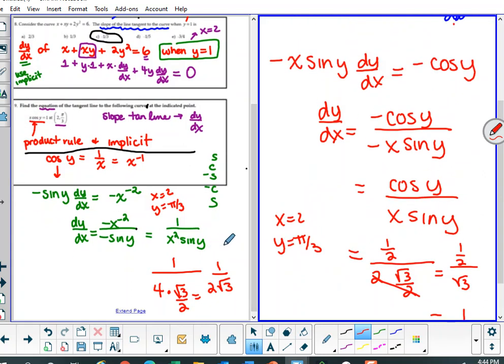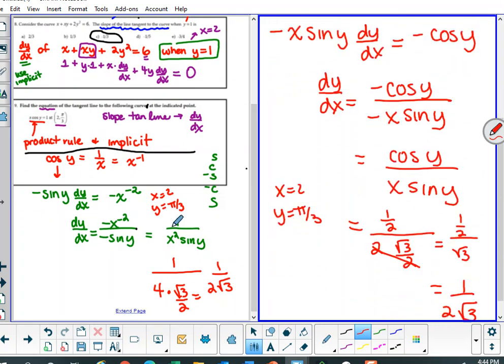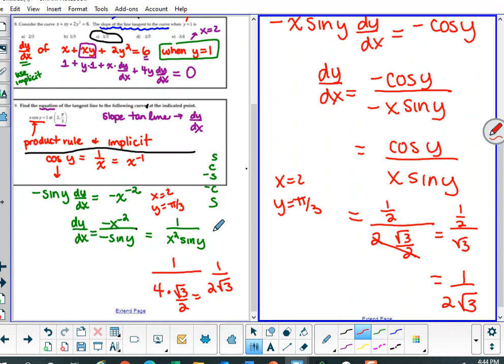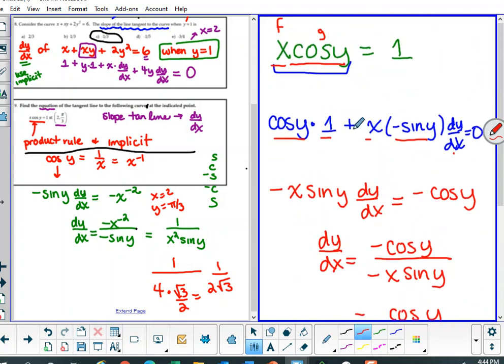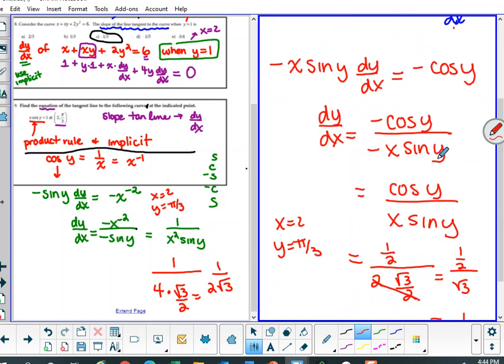So, what did we just do? I just showed more than one way to do this derivative. In both cases, you had to use implicit. In one technique, I rewrote the function just so I didn't have a product anymore, and then I just did my implicit. The other one, I left it as it was originally and hit it with a product rule.